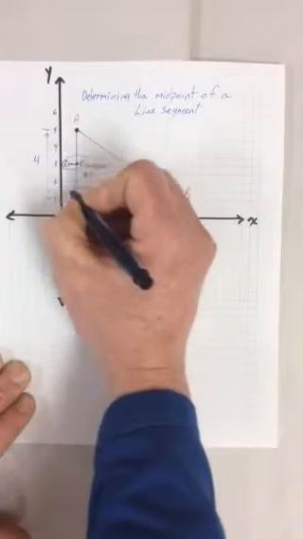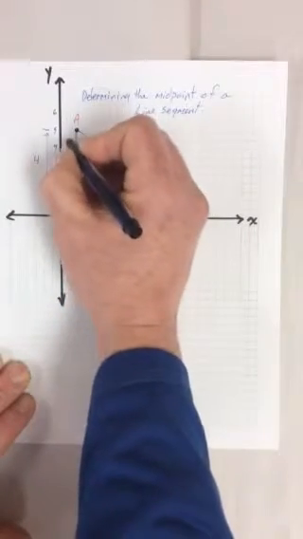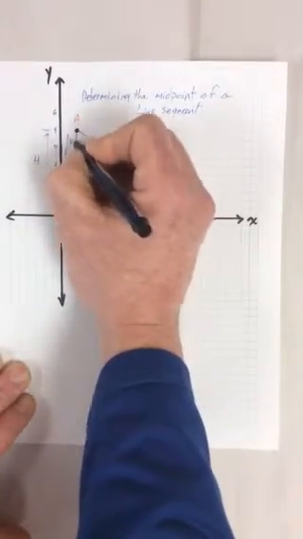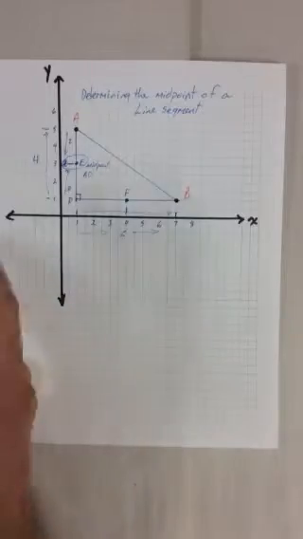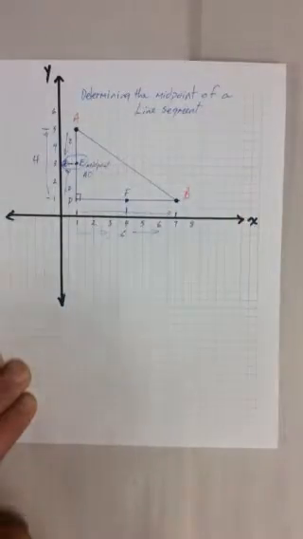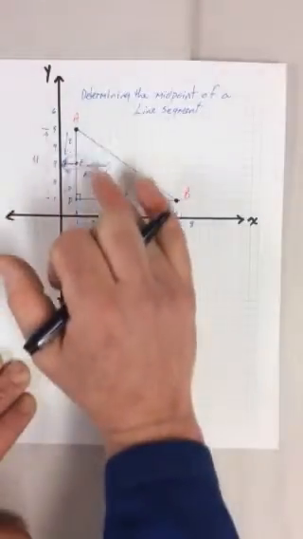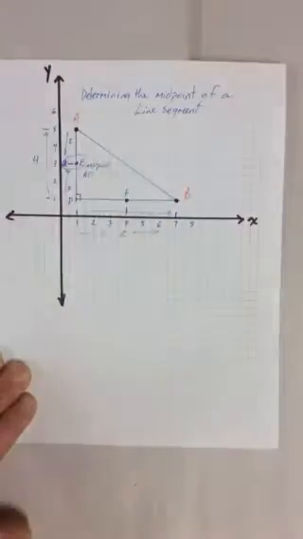Sorry, this 2 is 2 up and 2 down. 2, 2. That's not a 2. So now what we've figured out is halfway between D and B is this point F, and halfway between A and D is this point E.